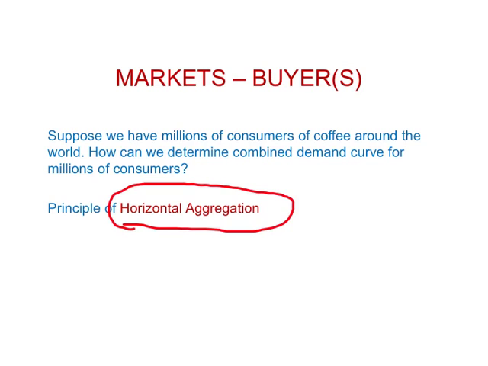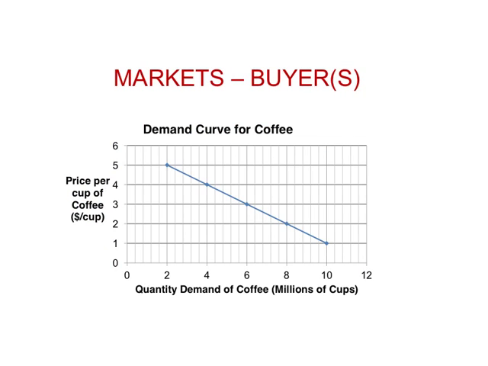So let us draw a market demand curve for millions of consumers taken together. So what we'll have on the vertical axis is still price per cup of coffee, as in 1, 2, 3, 4, $5. But on the horizontal axis, note the units have changed from number of cups to millions of cups, because we have millions of consumers.